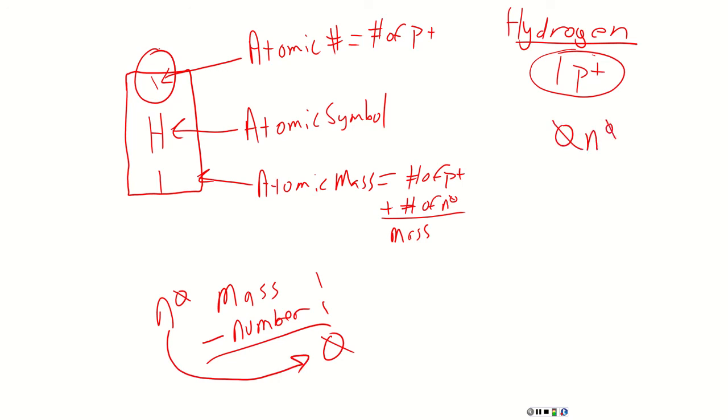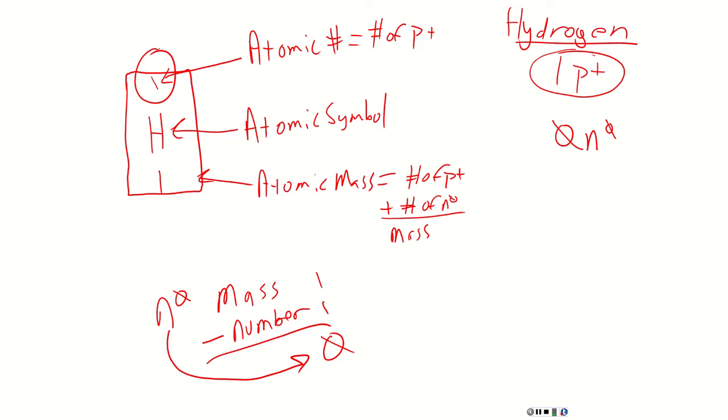Did you see how I did that? The atomic mass minus the atomic number. So mass minus number is neutrons. Hydrogen, most of the time, has 0 neutrons. How many electrons does it have?